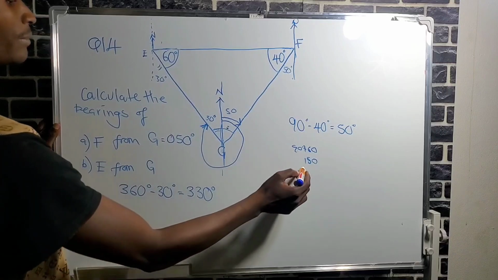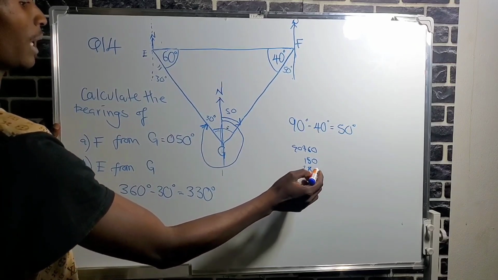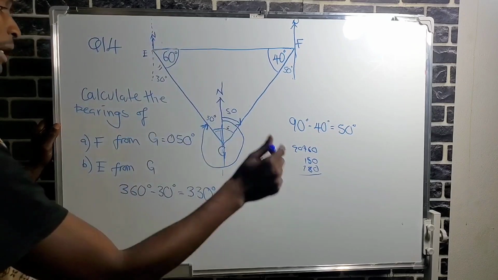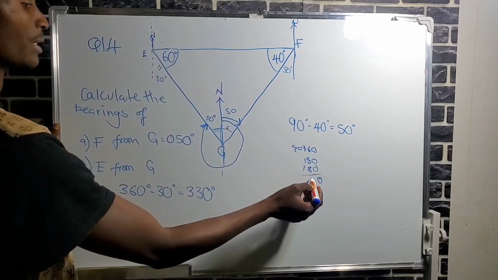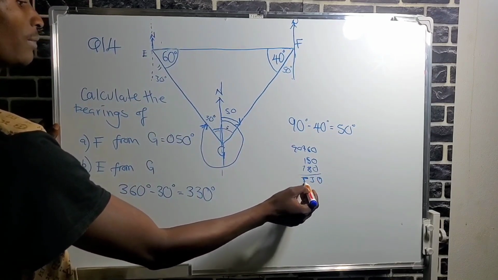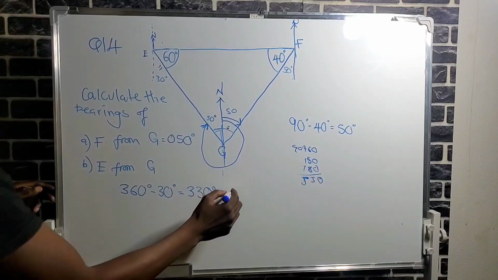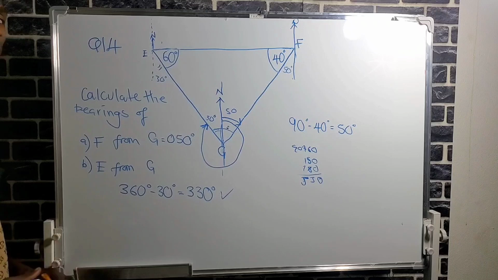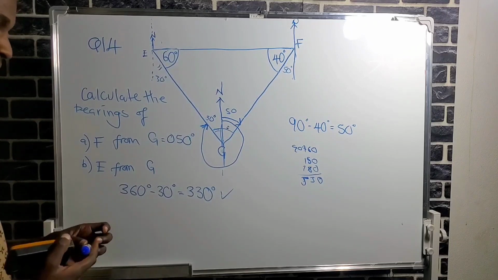Then 150 plus 180 gives us 330, which is this answer here. That's all about bearings. Let's go to the next question, which is variation.